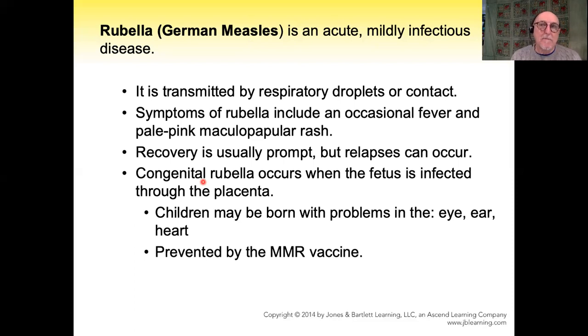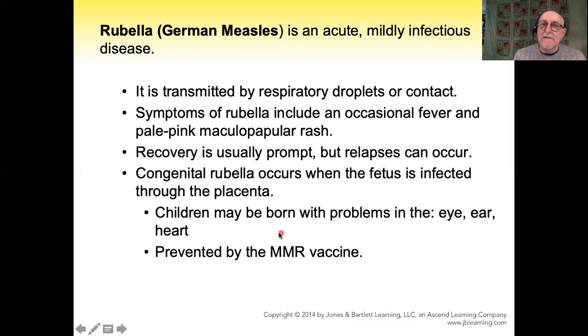Depending on the timing, but especially if they have rubella early on in the pregnancy, the child can be born with major problems: eyes, ears, heart, and even limb development. So this is extremely serious, and an infection in women may pass without her even knowing that she's had it.